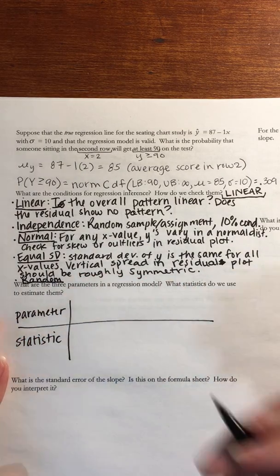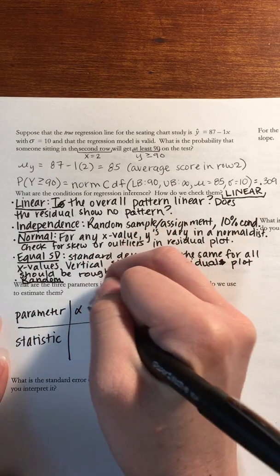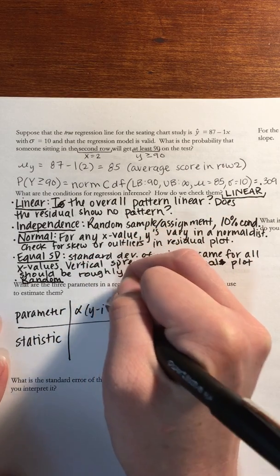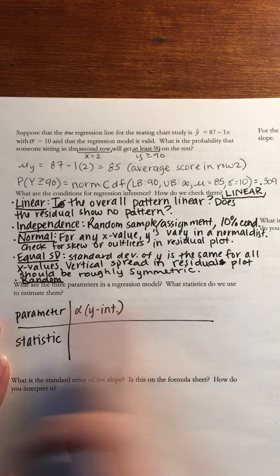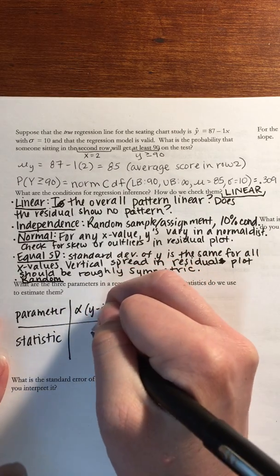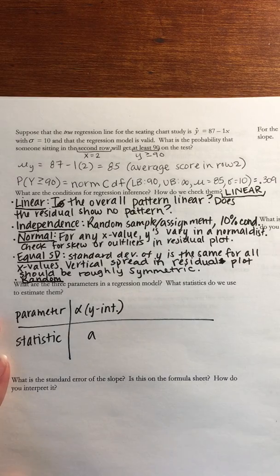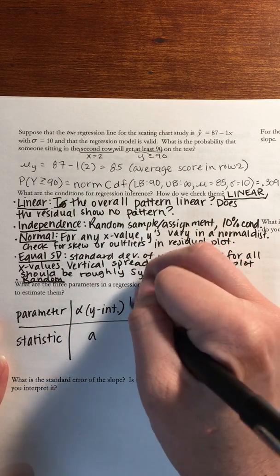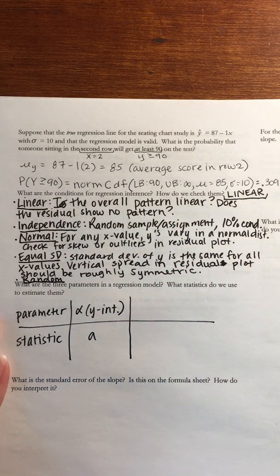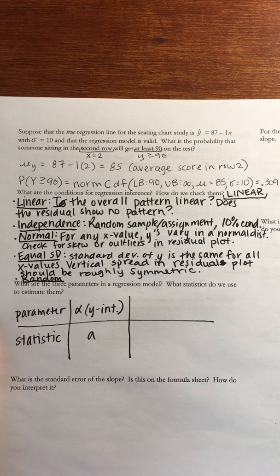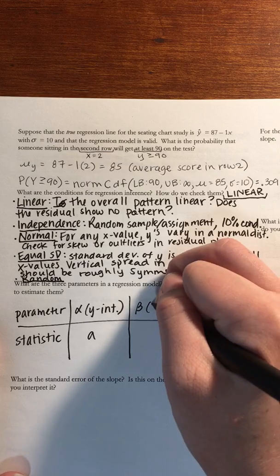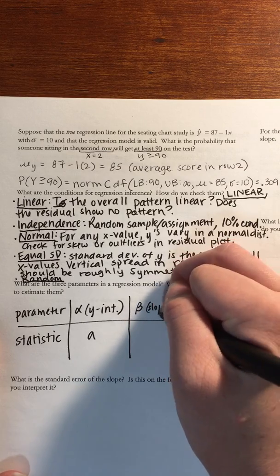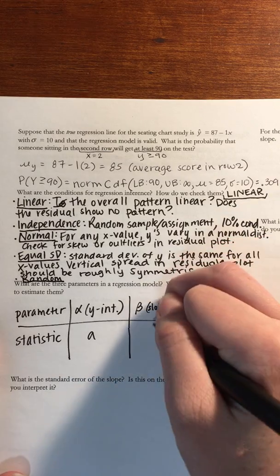One parameter we use is alpha, and that's the y-intercept. We've already talked about this stuff, so I'm just going to blow through this. The way we estimate that is with a, the statistic that corresponds to the y-intercept, and beta, which is the slope of the regression line.